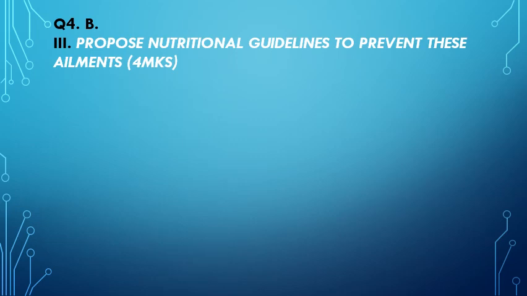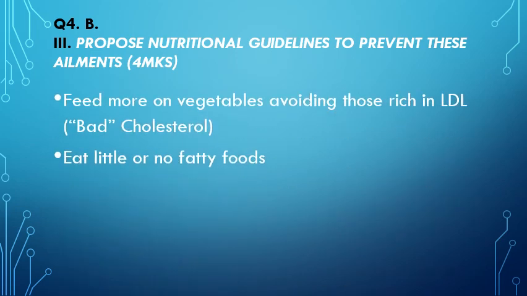So what are the things that you can do or avoid in order to be free from these cardiovascular diseases? First, feed more on vegetables, avoiding those that are rich in low density lipoproteins. Low density lipoproteins are generally referred to as what? Bad cholesterol. And why do we say bad cholesterol? Because they promote, lead to what?